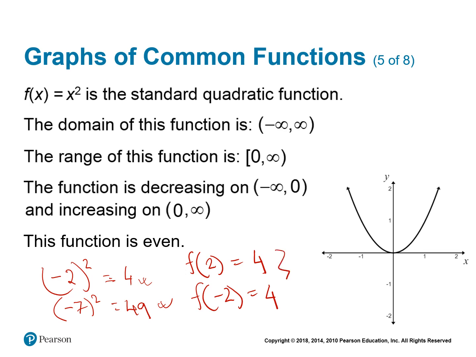That's what an even function means. That if you replace the x value by its negative version, you will still get the function, the y value is unchanged. You will get the same y value. That's what makes it an even function.